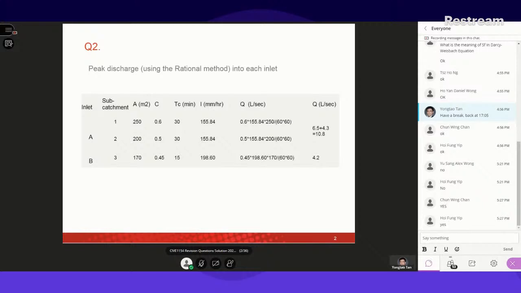You can see that subcatchment 1 and subcatchment 2 flow to inlet A, and the other subcatchment flows to inlet B. The surface runoff coefficient and the roughness coefficient are given.